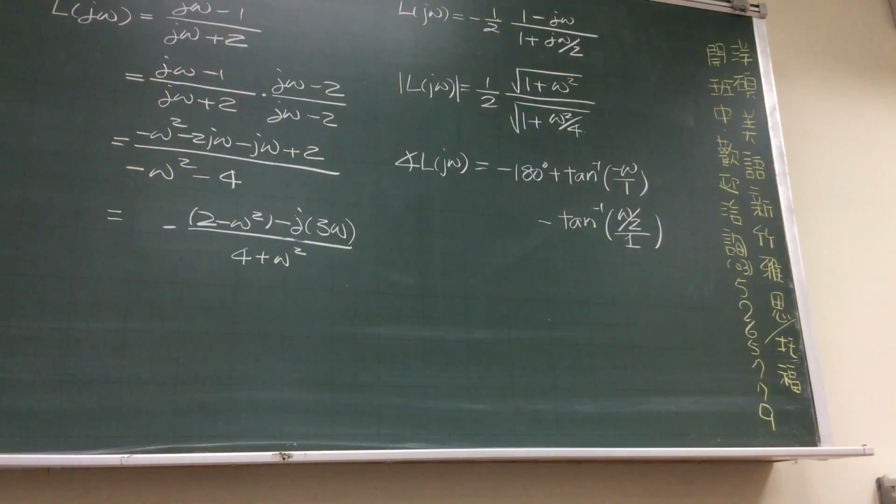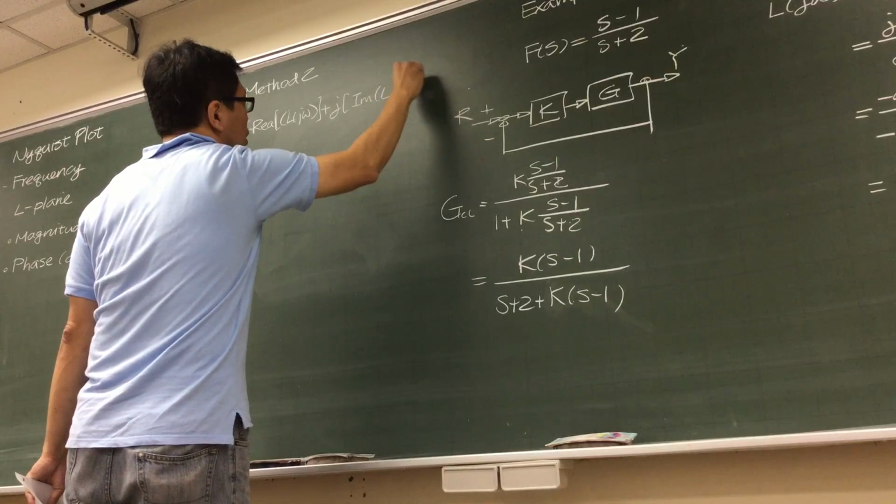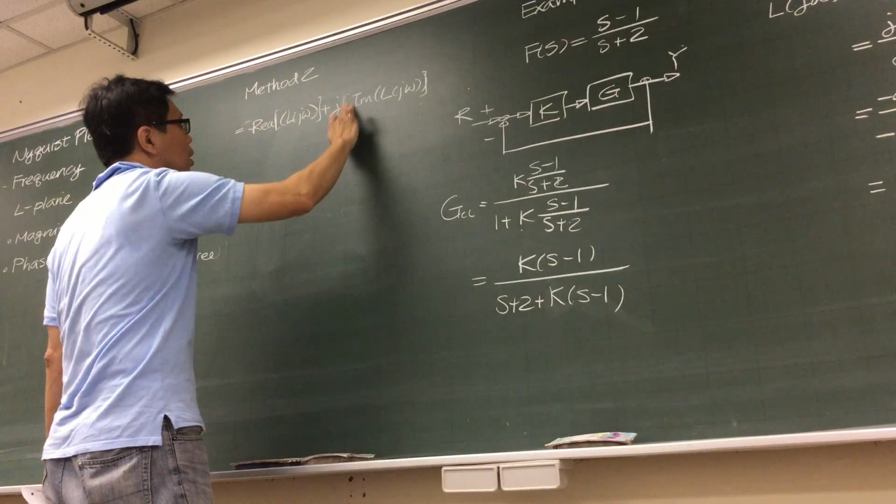For the second method, since we get this part out, I can take the real part of the whole thing plus j, the imaginary part of the whole thing.